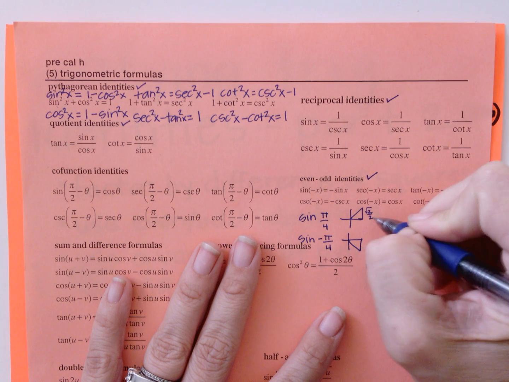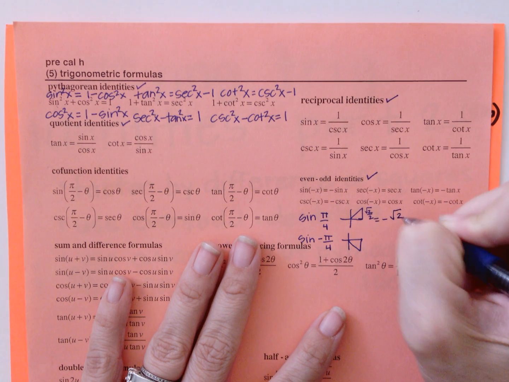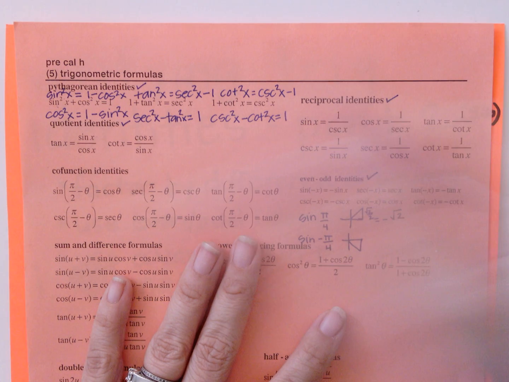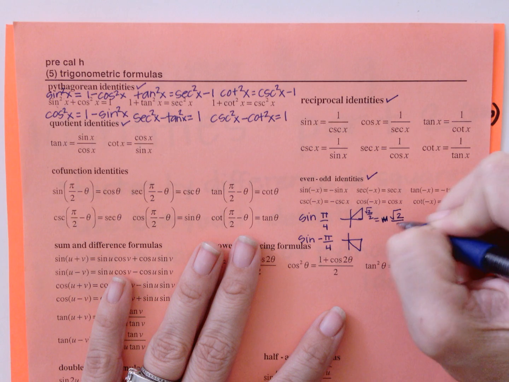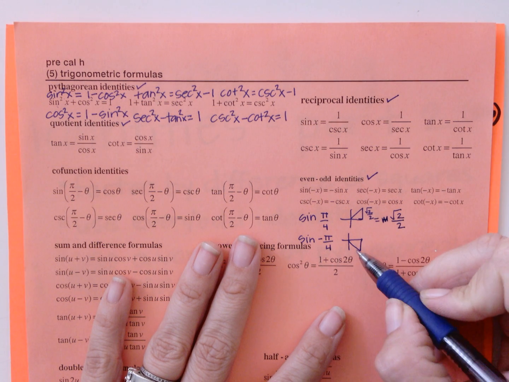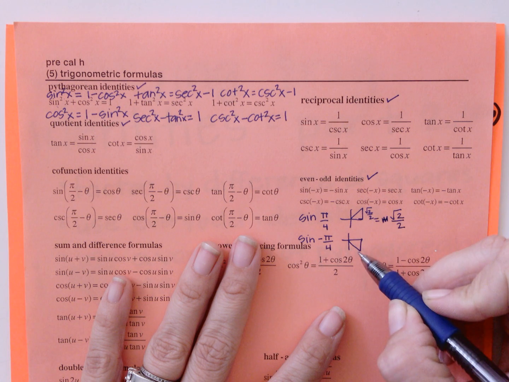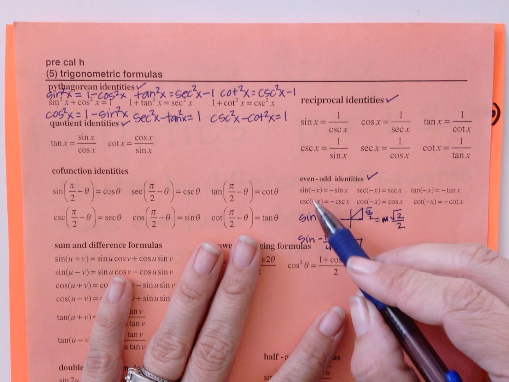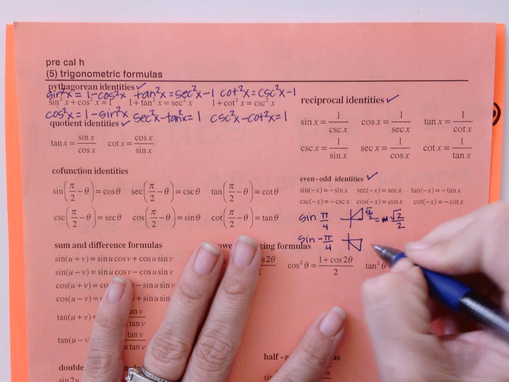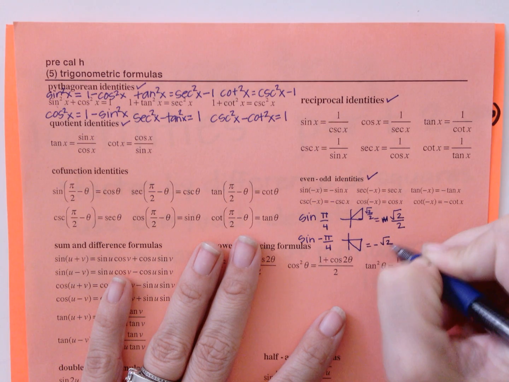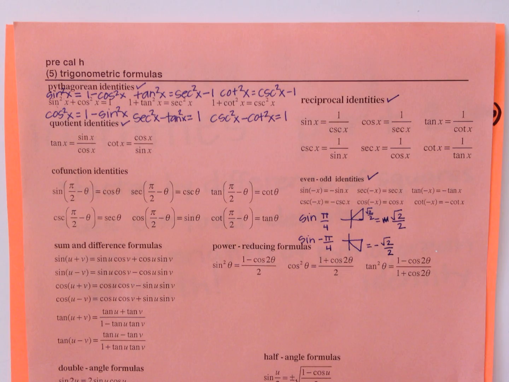So the sine of pi over 4 is positive root 2 over 2. However, when I graph negative pi over 4, which is down here, I get the opposite of that, which is exactly what this identity is saying. You will get the opposite as if you plugged in the positive angle.